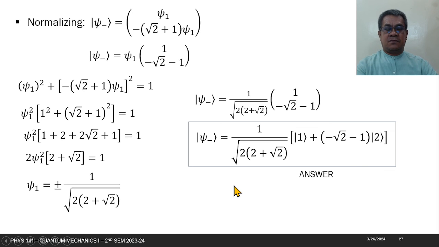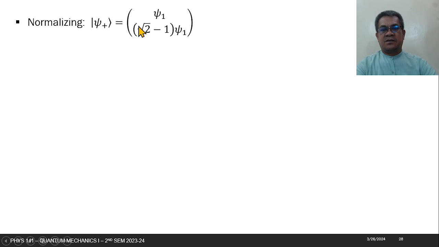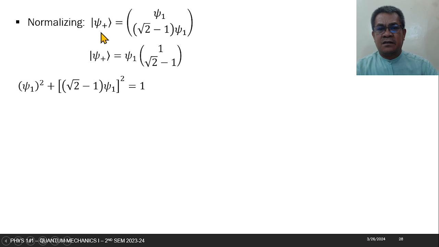So let's do the same for the next. Normalizing the positive psi, normalizing this one. Of course this is the same. Then again, square this one plus the square of this, equal to 1 to normalize, and this becomes again the square of this, which is the square of a binomial, and this is also the square of psi.